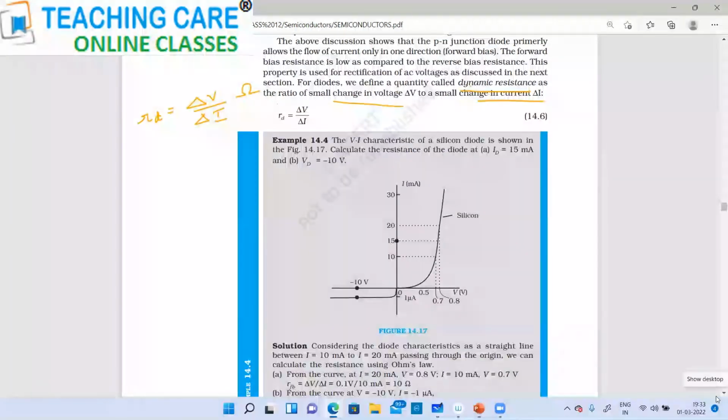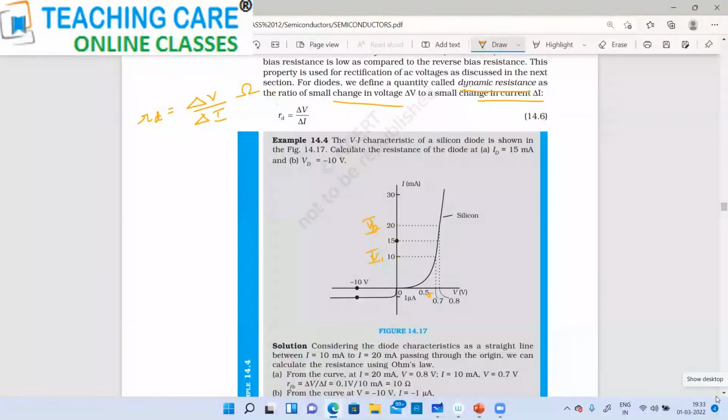See, it is narrow. This is 15 milliampere. So we are taking two different points like this. Let us take this as V1, V2, and here this is your I1, I2. What is the dynamic resistance?